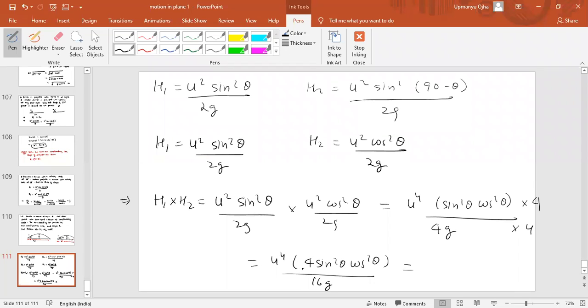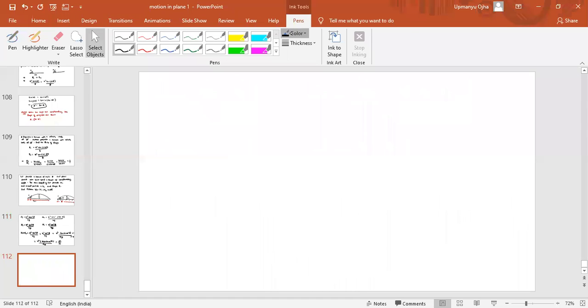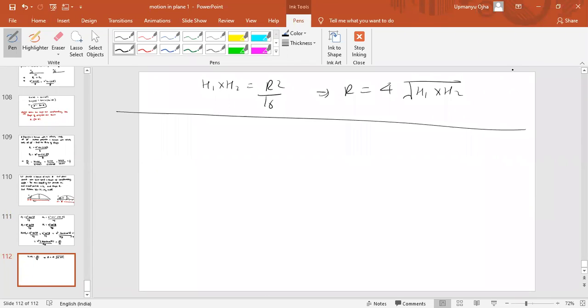If you solve this, you get this whole value as range R square by 16. So h1 into h2 equals R square by 16. Therefore, R equals 4 times the square root of h1 into h2. Yes, that is the answer.